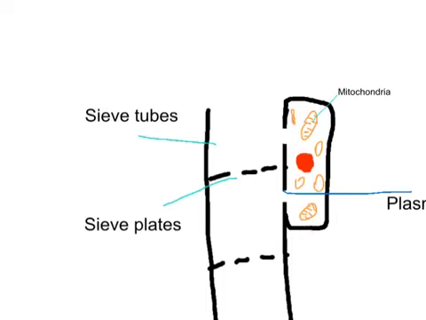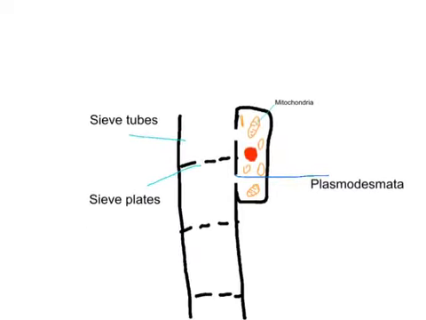Now, we will go into this in more detail in another video, but I should mention that the sieve tube part allows sucrose to dissolve in water to form sap, so the sieve tubes carry sap, and therefore sucrose and sugar, up and down the plant.